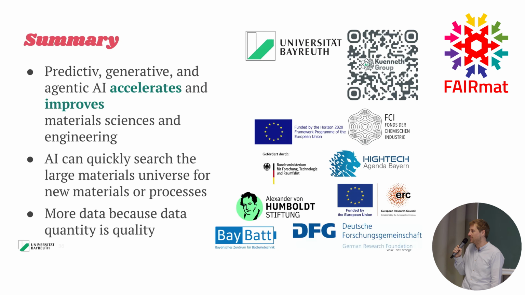There's lots of progress this year in agentic AI systems, and I'm really excited to use this in the material science space because it will help us a lot. It accelerates, but also improves. It makes things better, not just faster. In material science and engineering, AI can quickly search this large materials universe for new materials and processes.